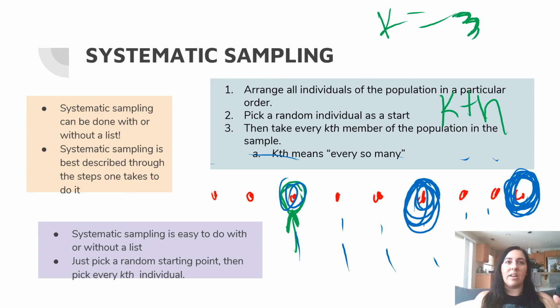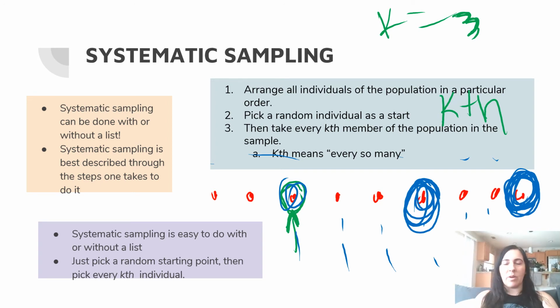You could use the very first patient as your starting point, and then tell yourself, okay, after that I'll take every 4th patient that shows up. And that will give you a pretty good sample size, and it will be pretty evenly dispersed.